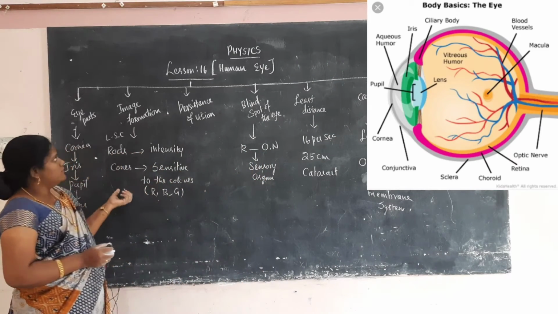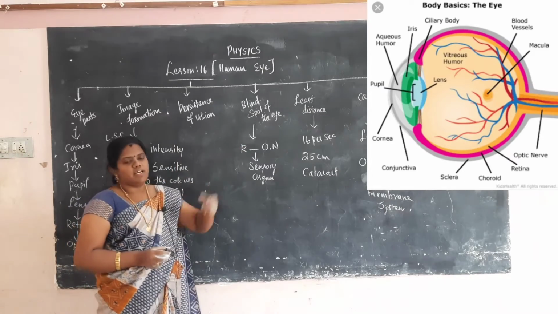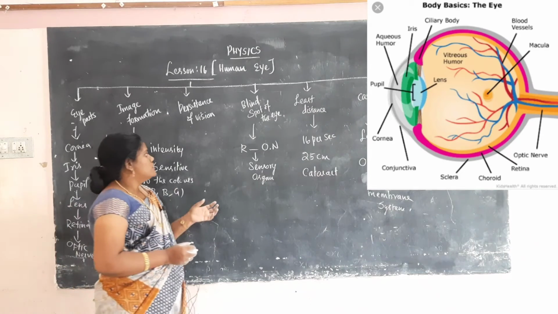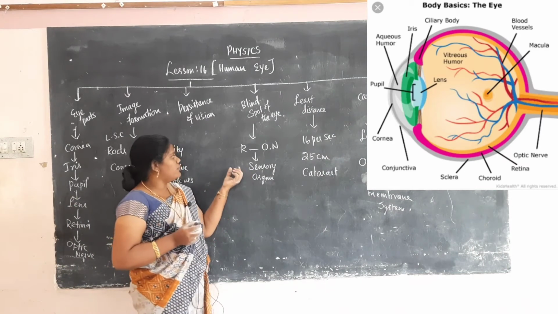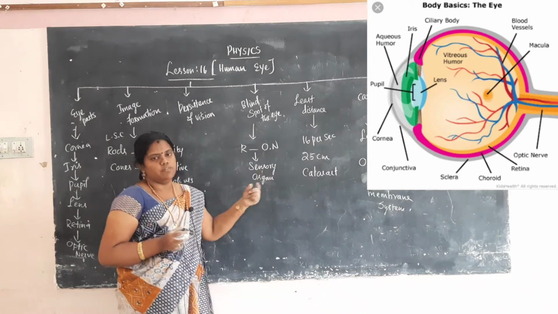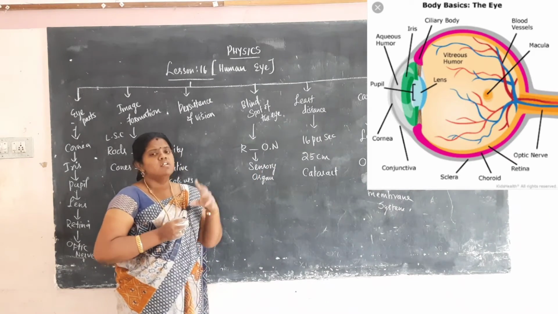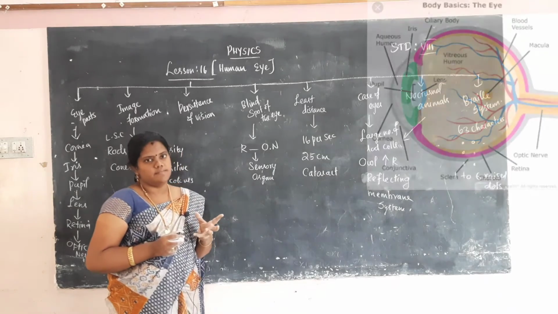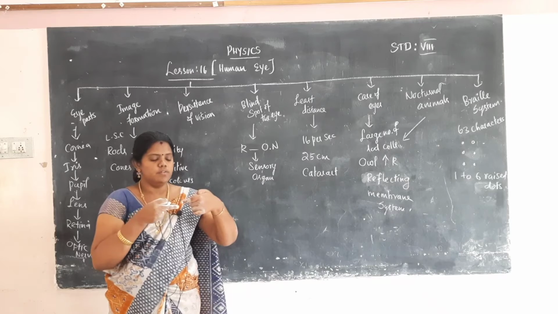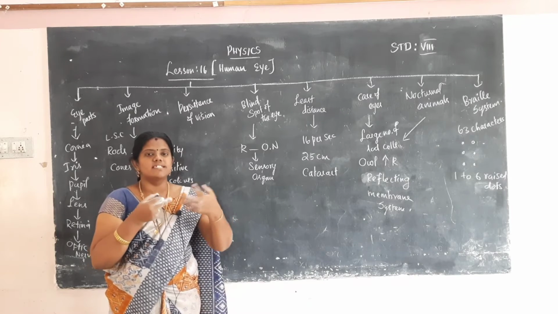Clear? Then the blind part of the eye. Which part of the eye is blind? In the junction of retina and optical nerve, there are no sensory cells at all.